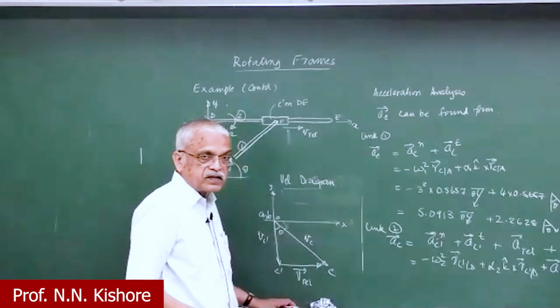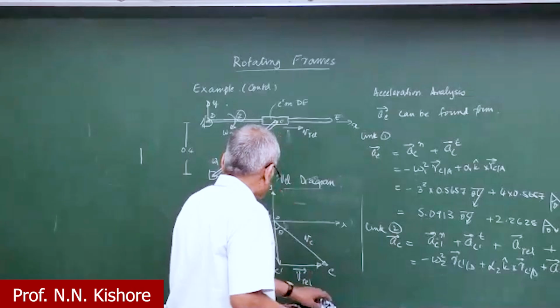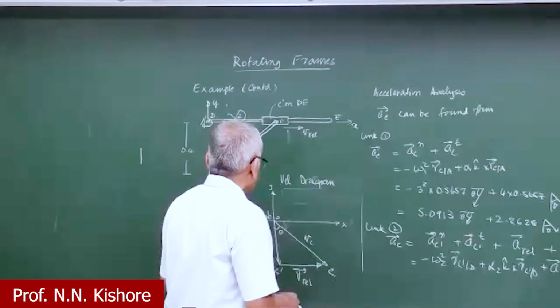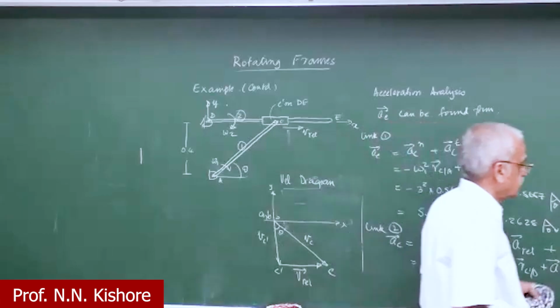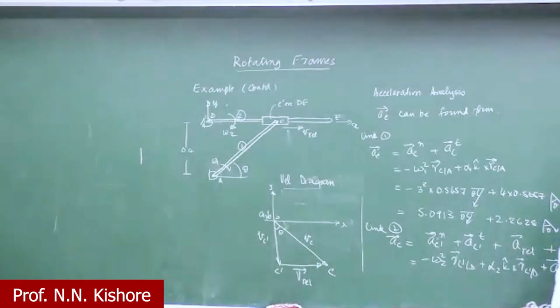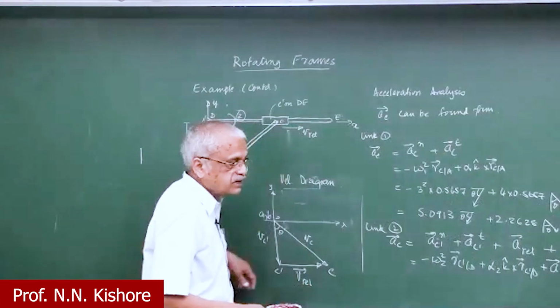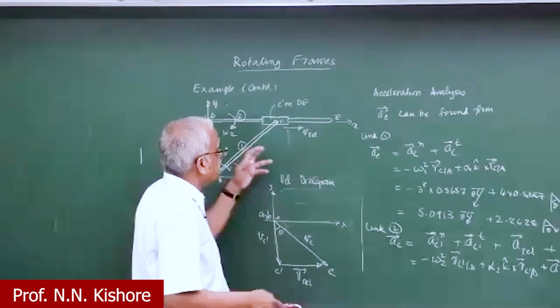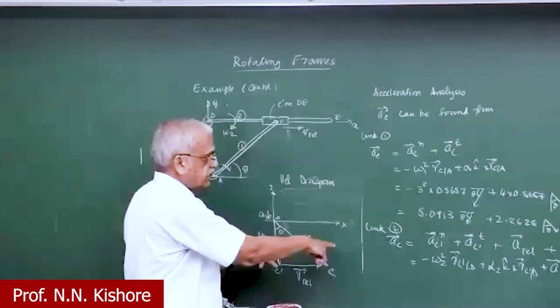By any chance, if you have another linkage here, imagine that you have another linkage attached to this one, like this one. So what you need to do is that you go to E. From E, probably you can find out what F is.